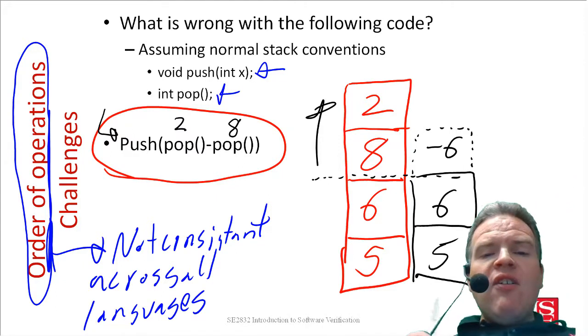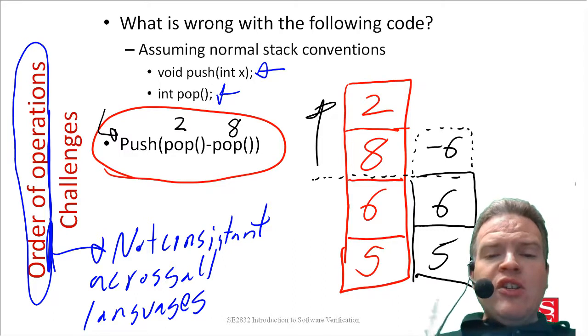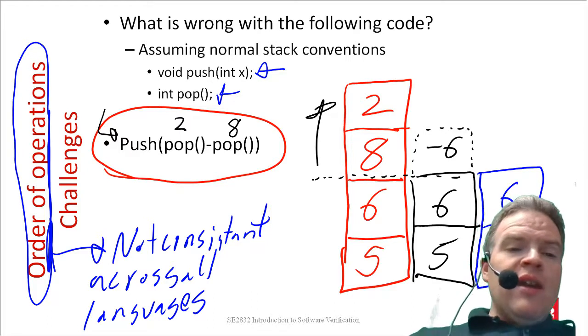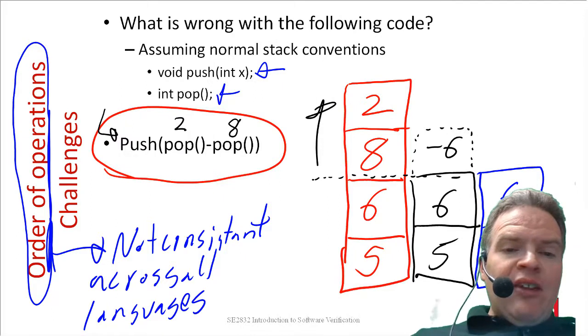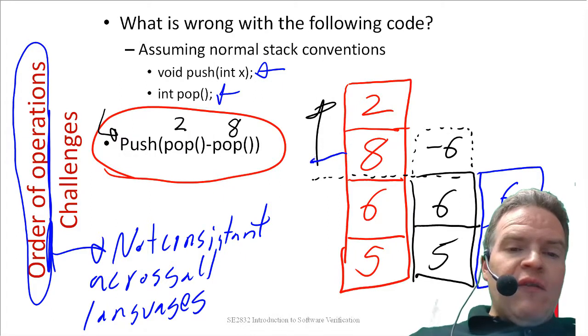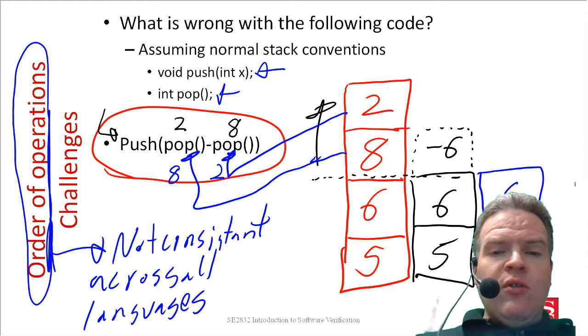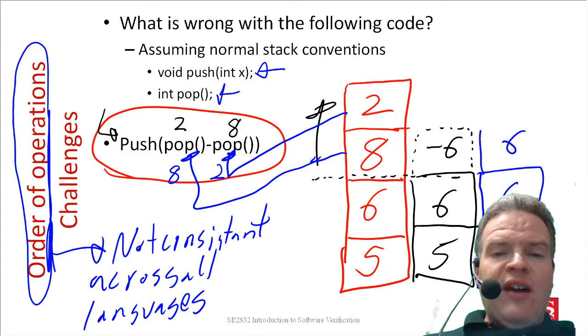But it is very possible in another language that we could actually execute this code in a slightly different order. So I'm going to put my 6 and 5 down here. I'm going to say that in reality what happens is this first pop is the second one, and then the first one gets called, which results in 8 and 2, putting a +6 on top.